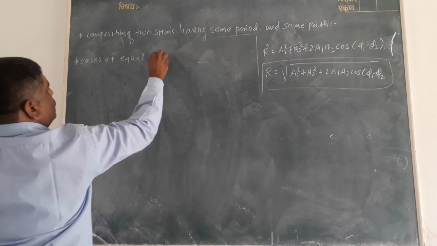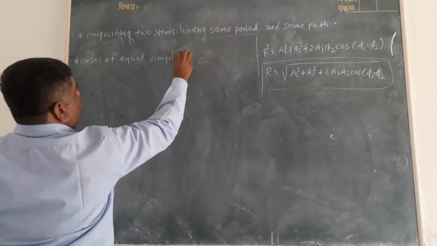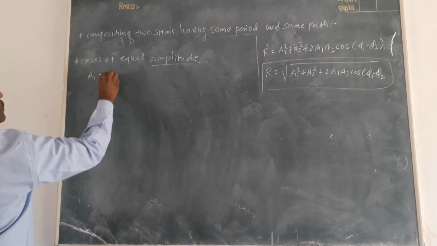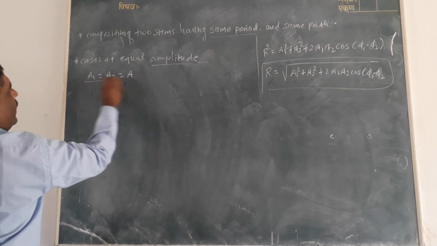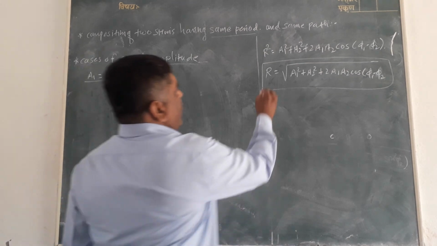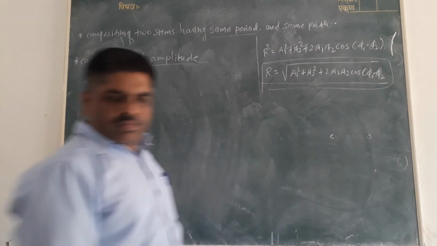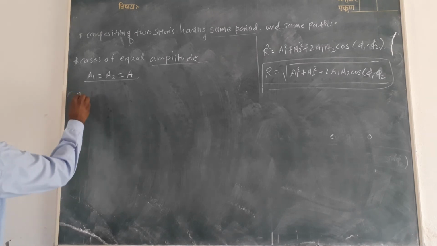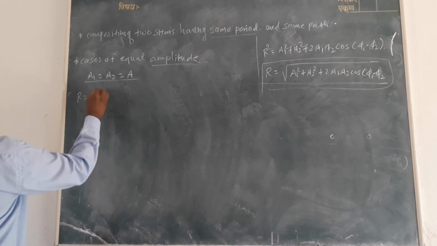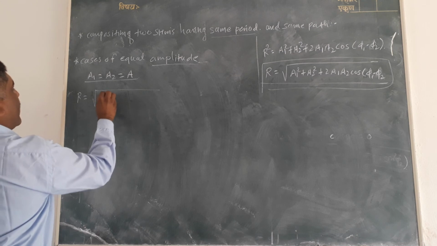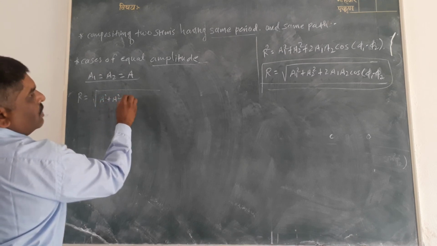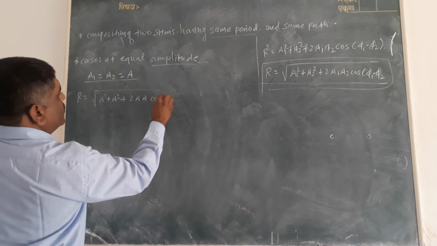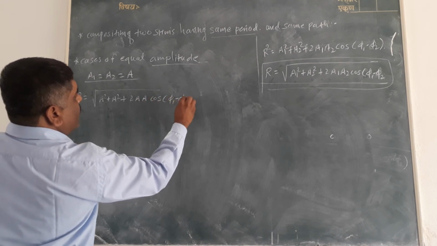equal amplitude. If the amplitude of two SHM is same, that is A1 A2 is equal to A, then this equation changes. The change of this equation is R is equal to under root A square plus A square plus 2A into A cos phi 1 minus phi 2.